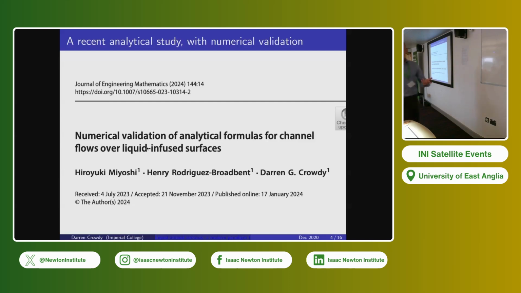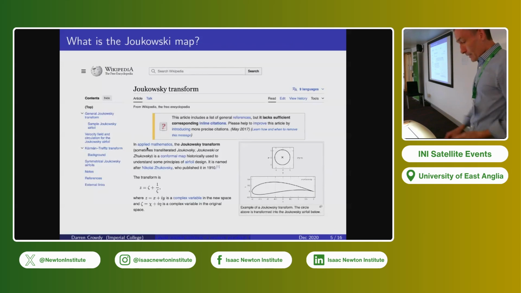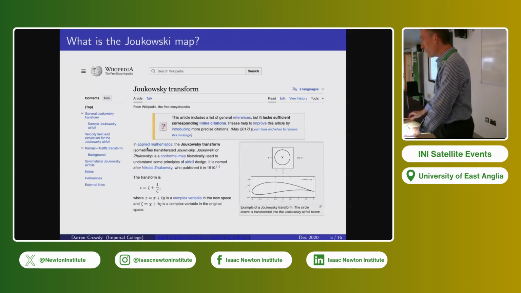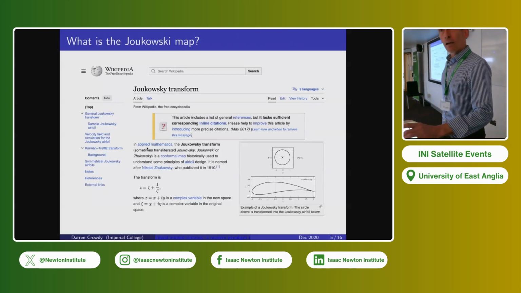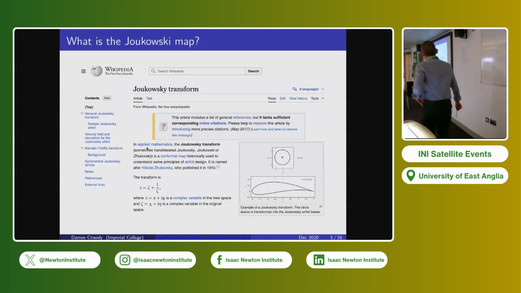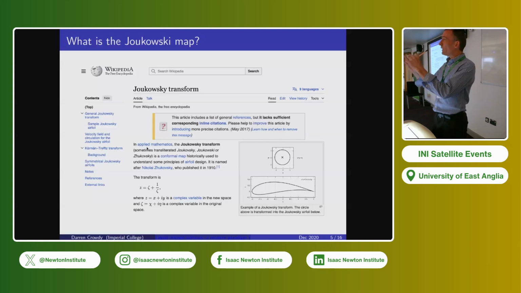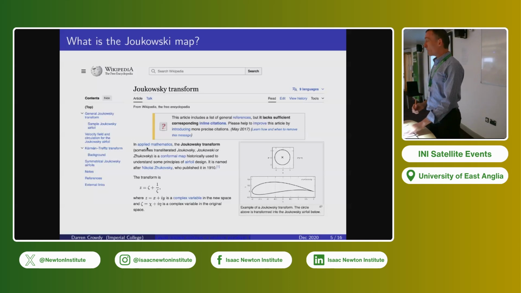The Joukowsky transform. By the way, remember what I told you, we always look things up like our students on Wikipedia. So, as you were saying, you often use these as a leading order approximation for a flow past an airfoil. It's a conformal mapping that helps you out, and there it is. You're mapping the unit disk, the interior or the exterior, to the exterior of a slit.